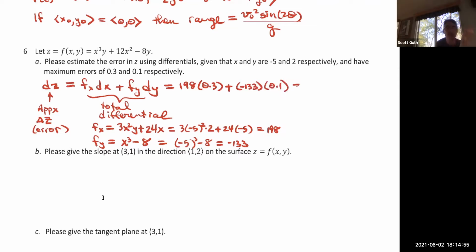Okay, and so this comes out to be 46.1. So it's in decimal. I don't mind giving an answer in decimal. That's an estimated absolute error.